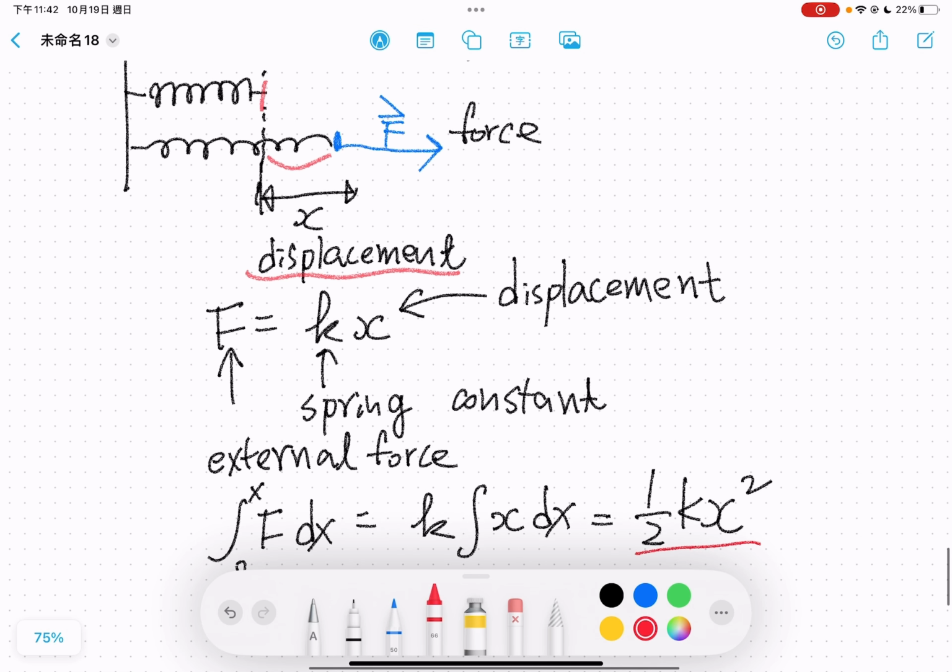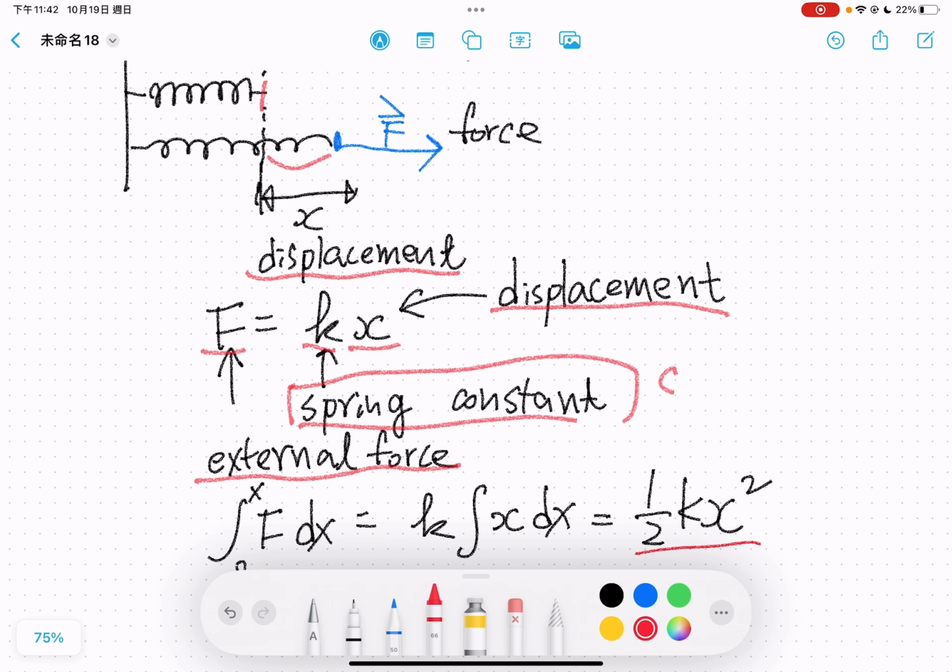Then we can find the relation between the displacement and the external force is F equal to kx. K is the spring constant, or we could say it is a coefficient between the displacement and the external force.